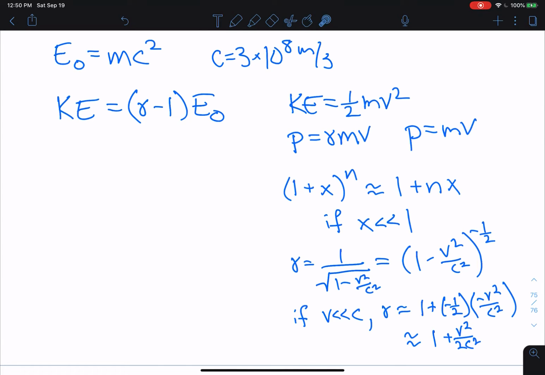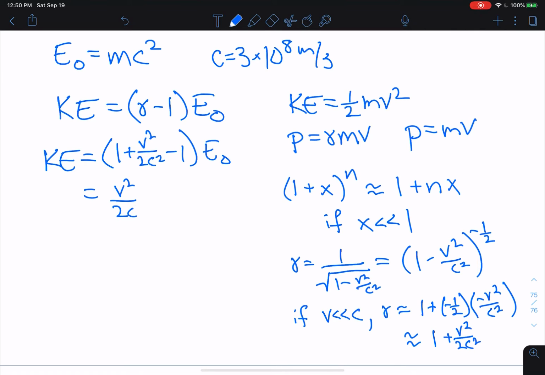So if I take this expression and plug it into here, what I get is that kinetic energy equals 1 plus v squared over 2c squared minus 1. The ones cancel, and I'm left with v squared over 2c squared, and E naught is mc squared. The c squareds cancel, and what am I left with?